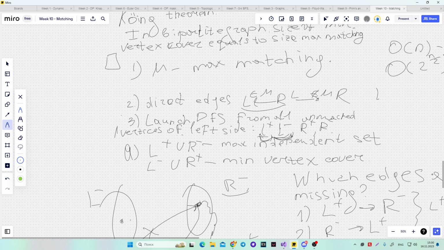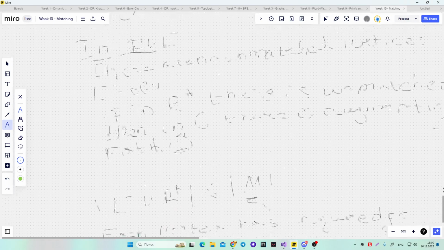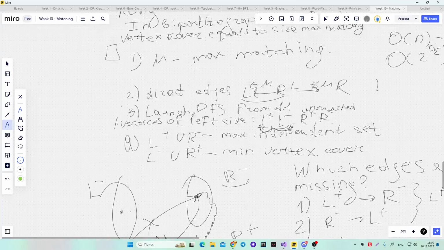And we just get this, and we find a way to get the maximum independent set in O(n).